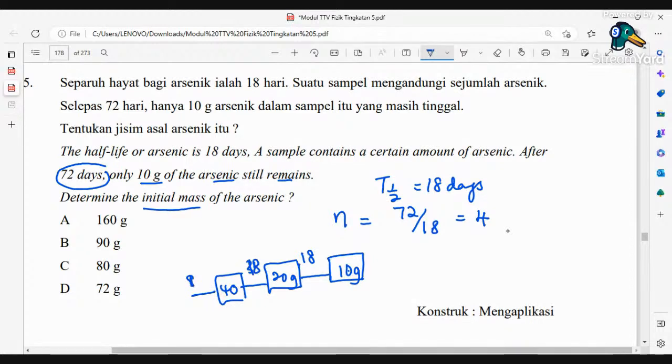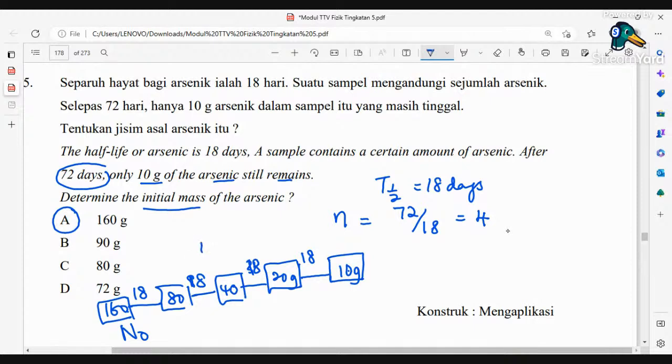Another 18 days should be 80. Another 18 days should be 160. So you can see after 4 half-lives, initial mass 160 becomes 10 gram. So the initial mass is 160 gram.